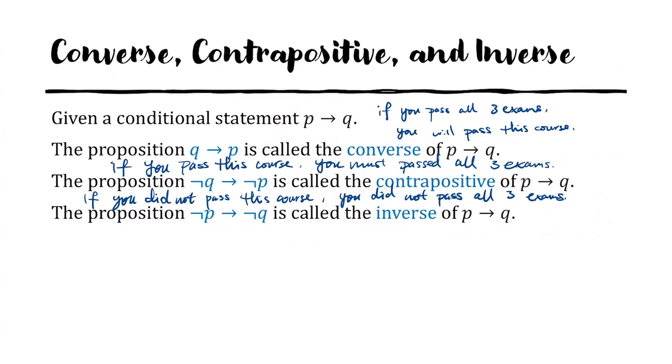So if you say you will not pass this course if you did not pass all 3 exams, that's actually a translation of the inverse of P implies Q. Because your hypothesis, right, your if part, is the negation of P. So let me also write it down.